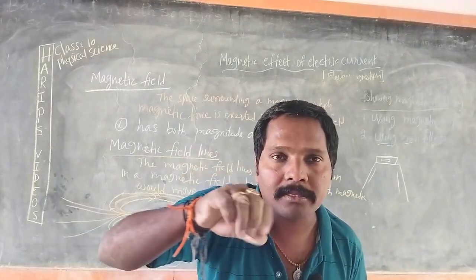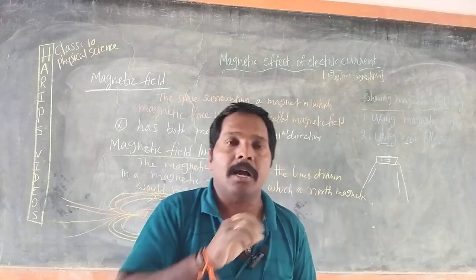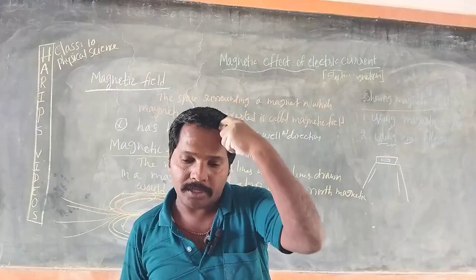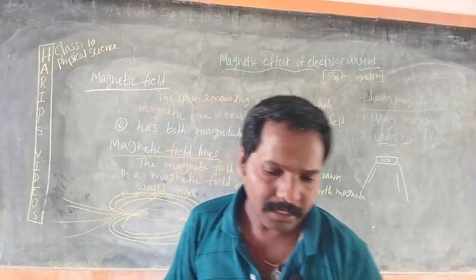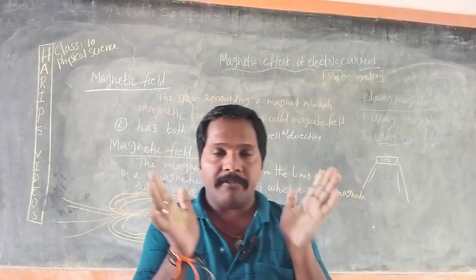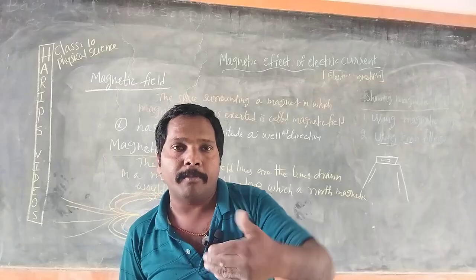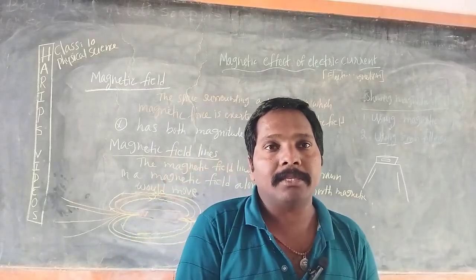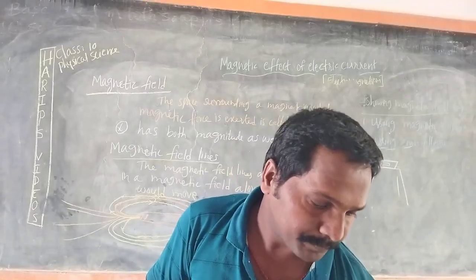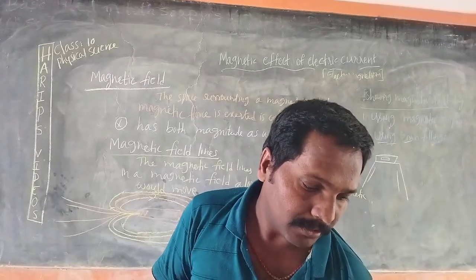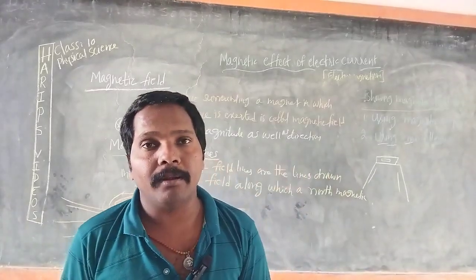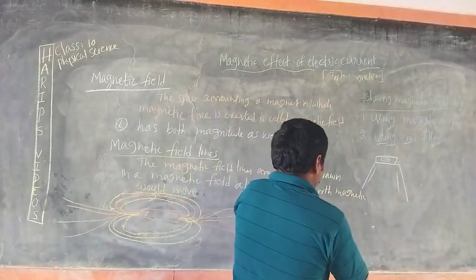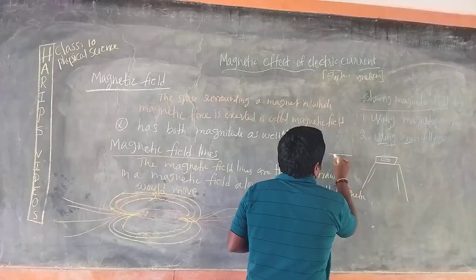The iron filings are arranged and form a pattern around the bar magnet, so the different patterns formed by the iron filings represent the magnetic field of the bar magnet. It shows like this.